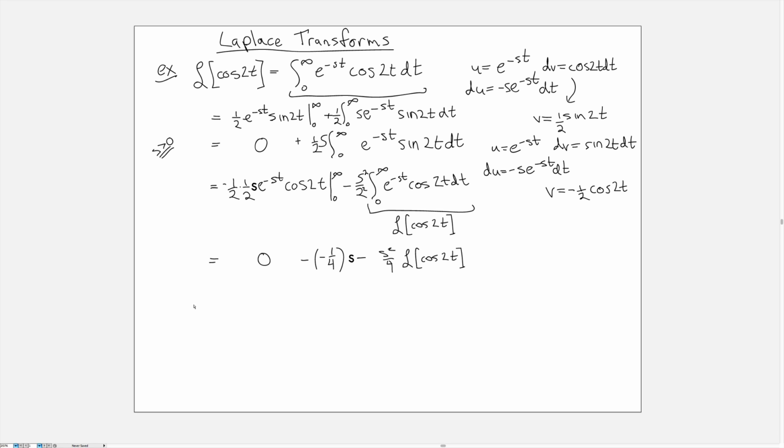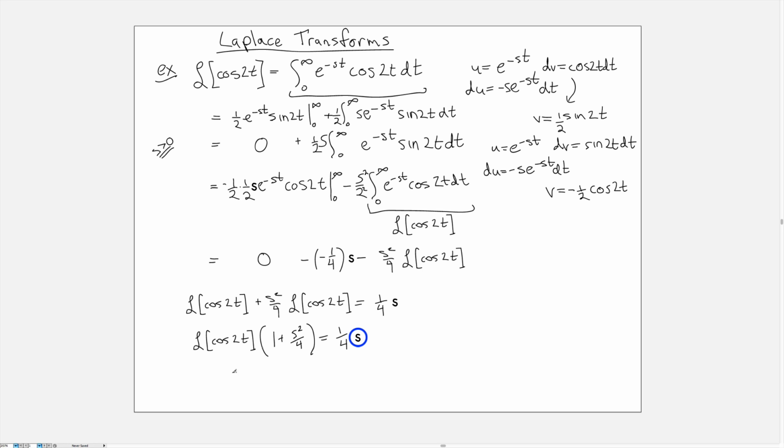So what we get is the original Laplace transform expression from here, and then plus, now when we move this guy over, you get that, and that is equal to 1/4. So now we can factor out the Laplace transform, and this will be 1 plus s squared over 4 equal 1/4.